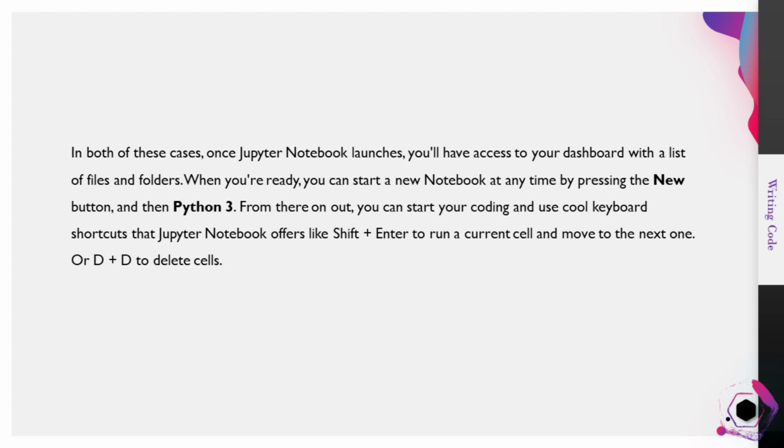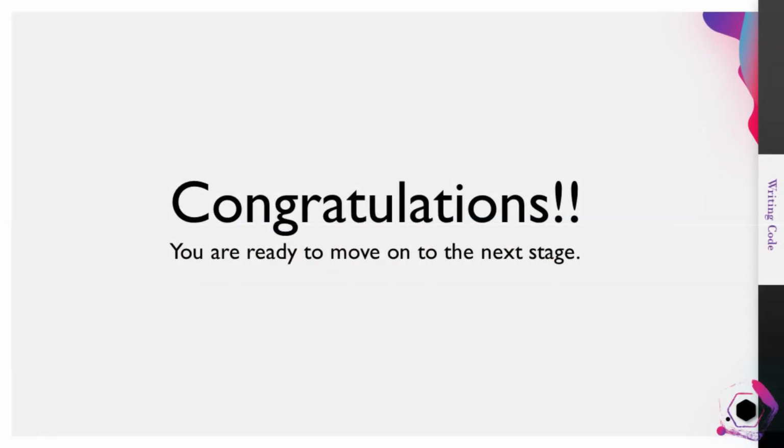From there on out, you can start your coding and use cool keyboard shortcuts that Jupyter Notebook offers, like Shift plus Enter to run the current cell and move to the next, or D plus D to delete cells. So if you have done this, congratulations, you are ready to move on to the next stage.